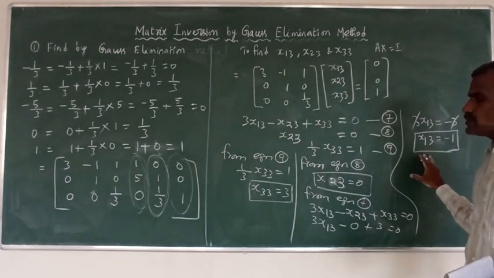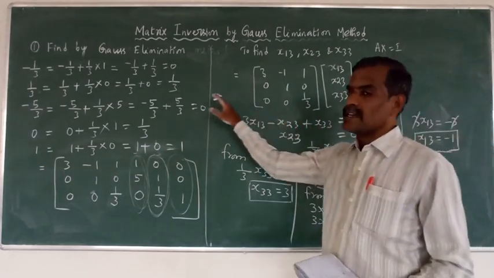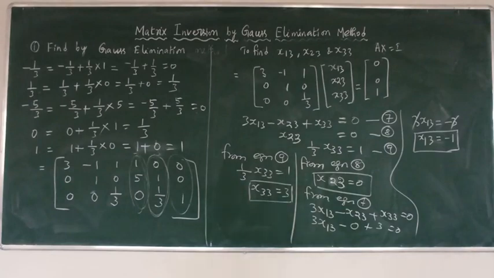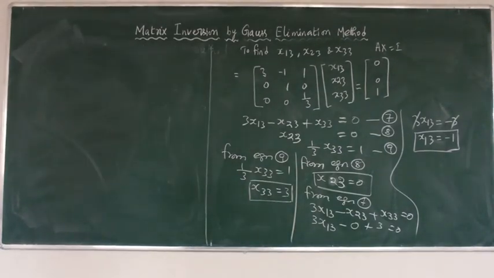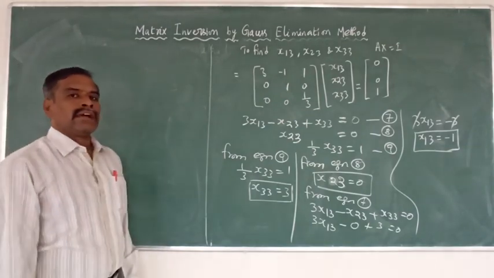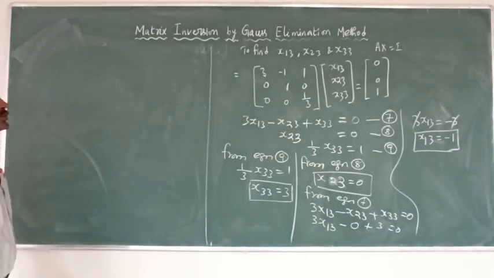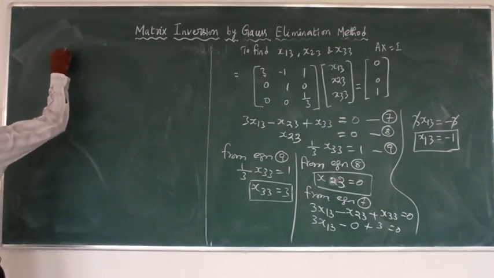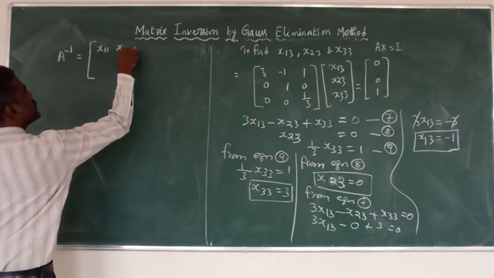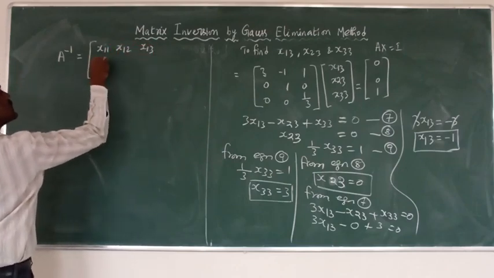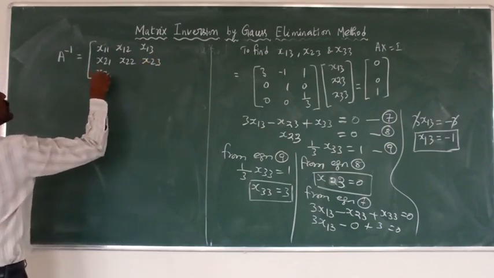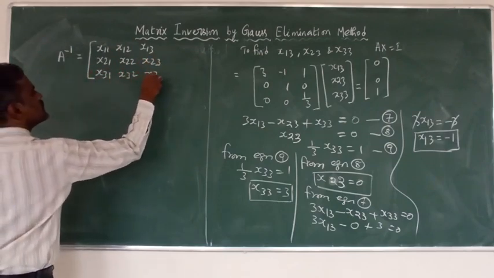So we can substitute these values in A inverse. A inverse equal to x11, x12, x13, x21, x22, x23, x31, x32, x33.